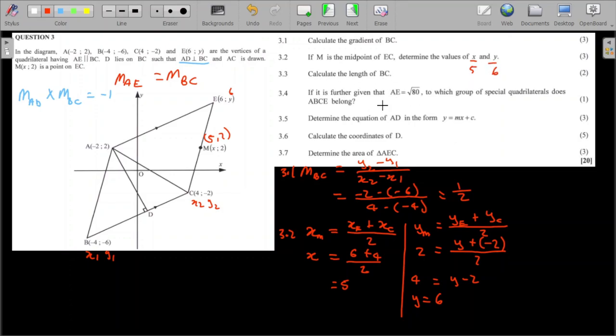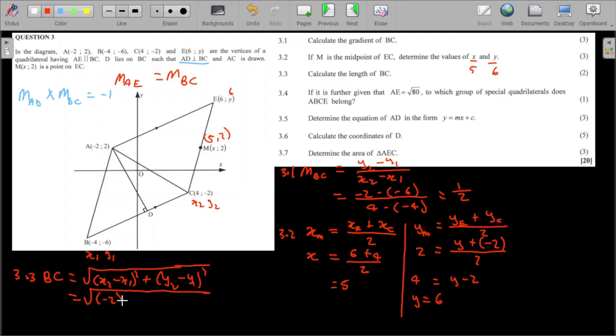Determine the length of BC. So this is going to be 3.3. BC is equal to the square root of x2 minus x1 squared plus y2 minus y1 squared.